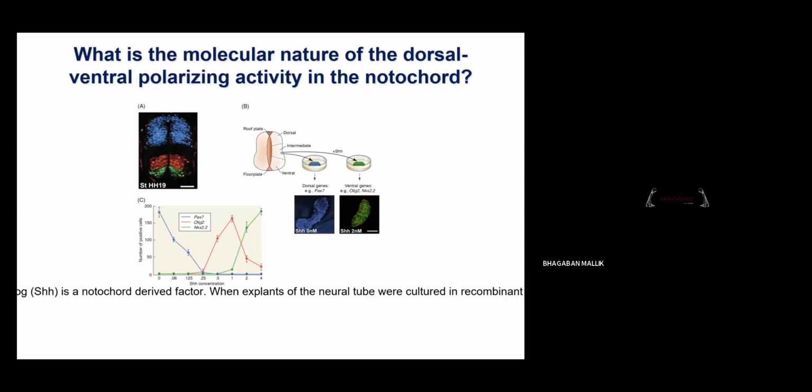So sonic hedgehog specifies the ventral patterning of the animal. It shows a polarizing activity, and it is secreted from the notochord to initiate the ventral differentiation of the neural tube.